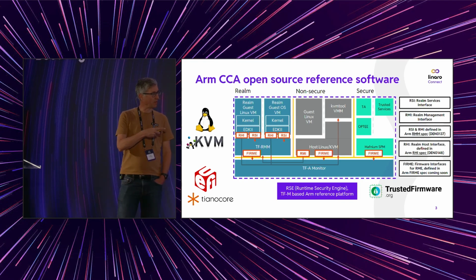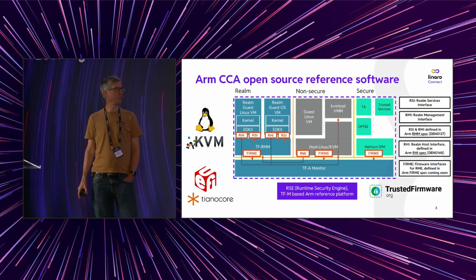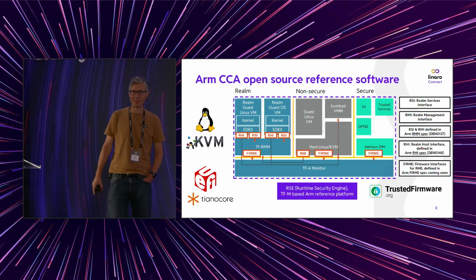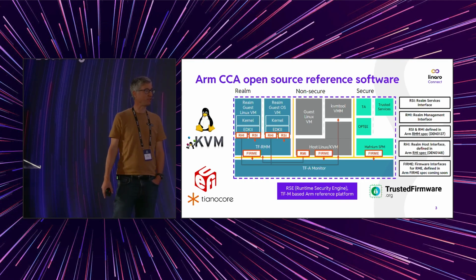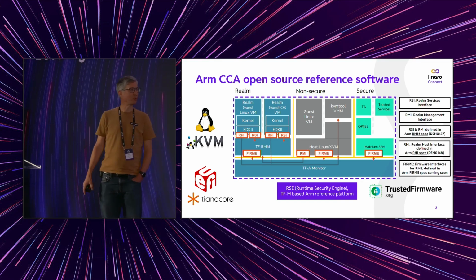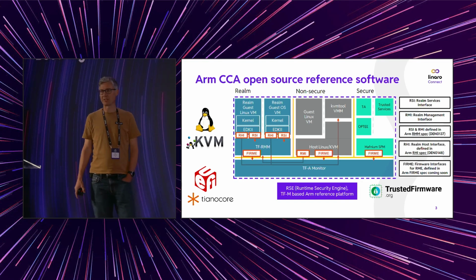The final interface I've mentioned here is FIRMI, the Firmware Interfaces for Realm Management Extension specification. Achin's in the room; he asked me to mention this because it is quite new. It's not available yet, but later this quarter there should be an alpha version of that specification available.